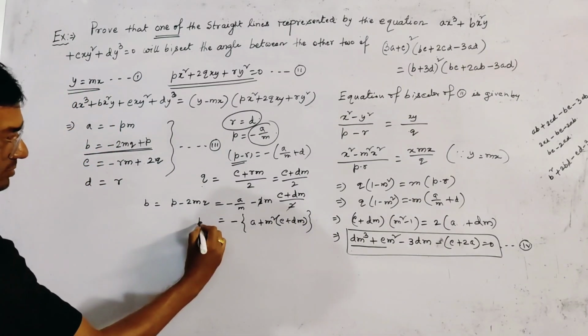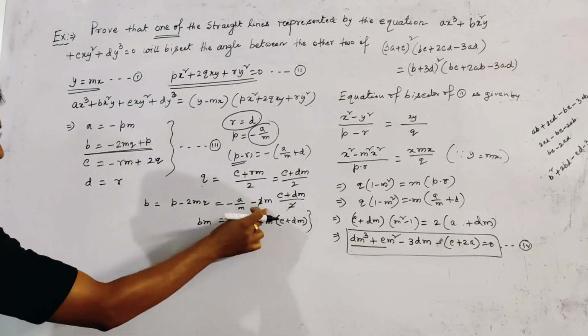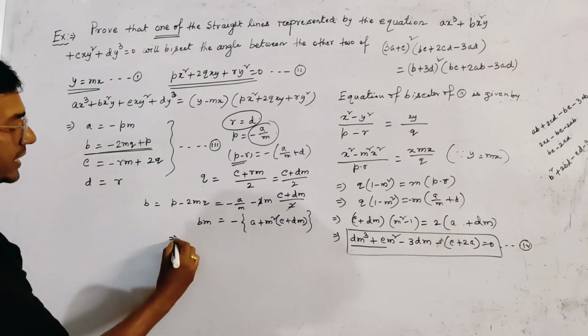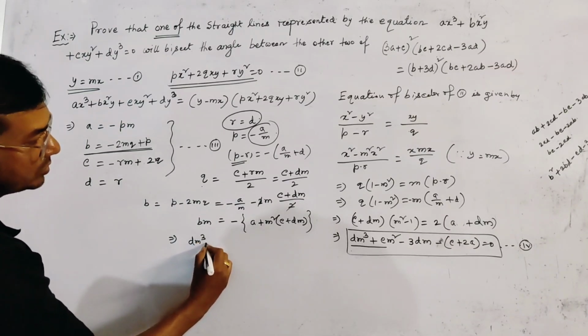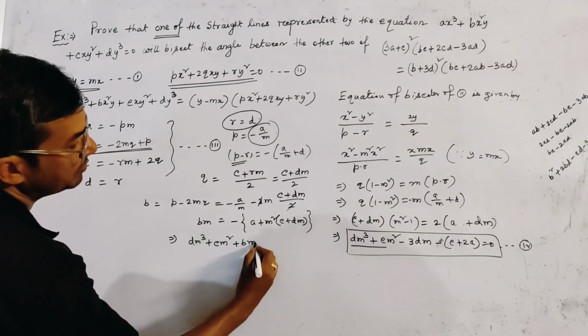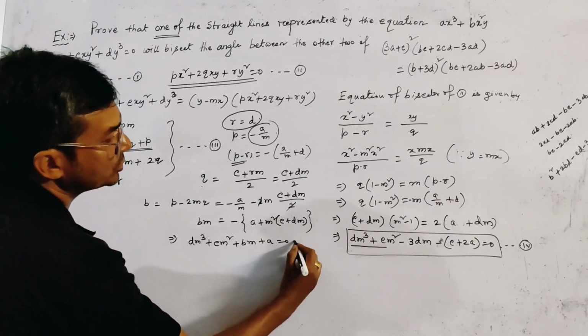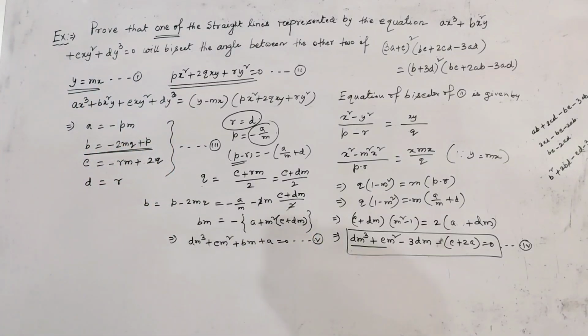And the left side is B into m. We multiply the LCM m here and get the result as b m q plus c m square plus bm plus a equal to 0, and we name this relation number 5.